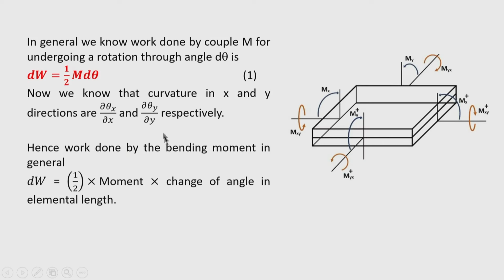Now, let us see, in general we know that the work done by a couple M undergoing a rotation through an angle theta is stored as strain energy. The strain energy is nothing but the work done by the external force.